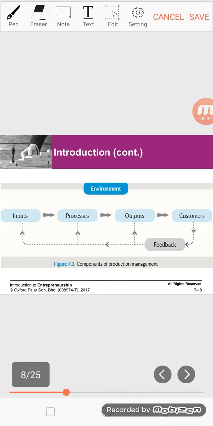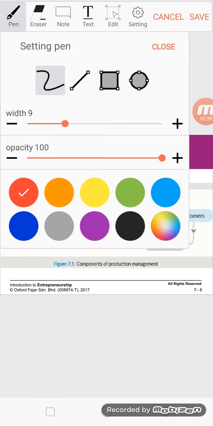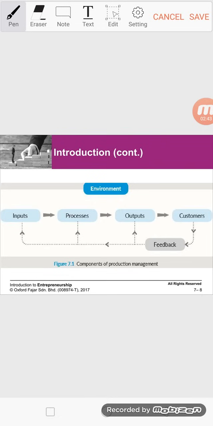Okay, so this is the workflow, the components of production management. First, as you can see here, the input. Remember the definition of operation management: it has to have the inputs, the processes, and to produce whatever we do, either products or services, and that is our outputs.